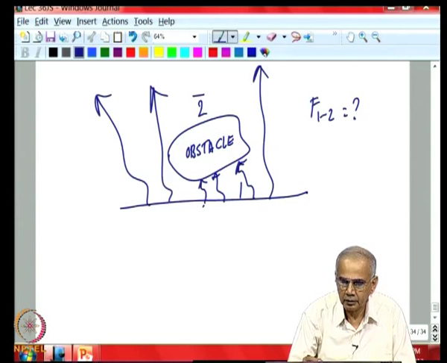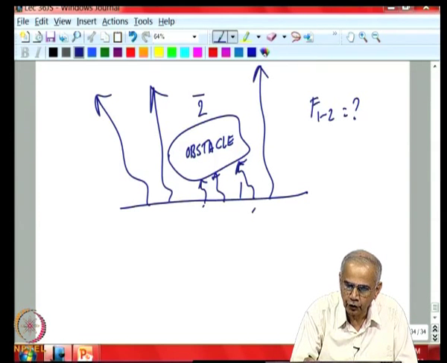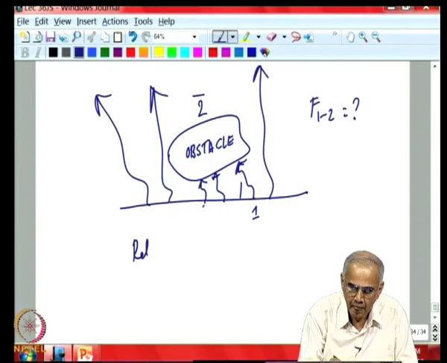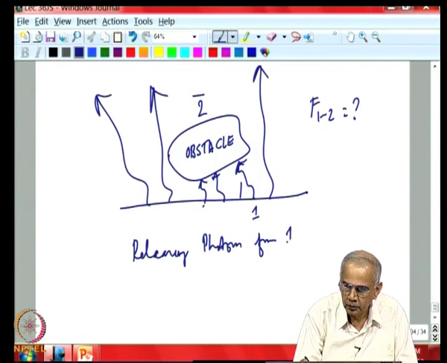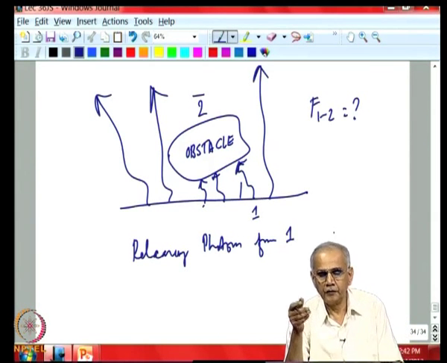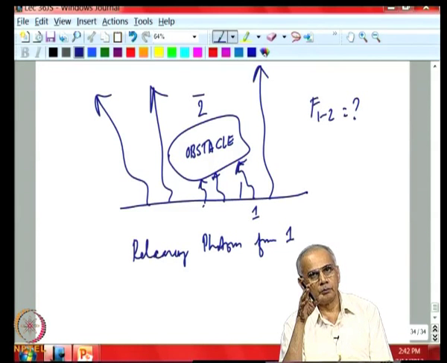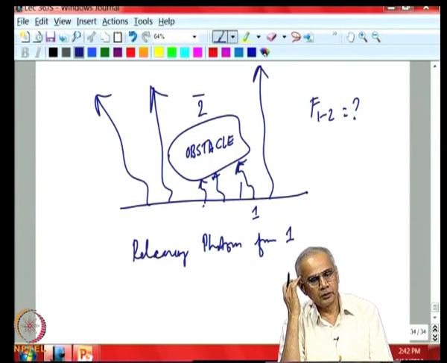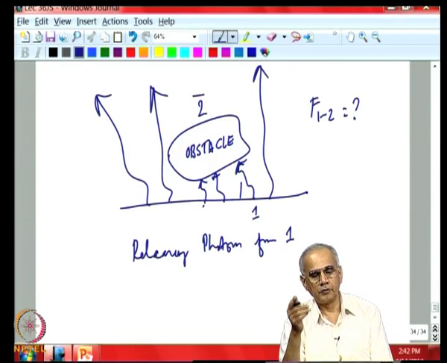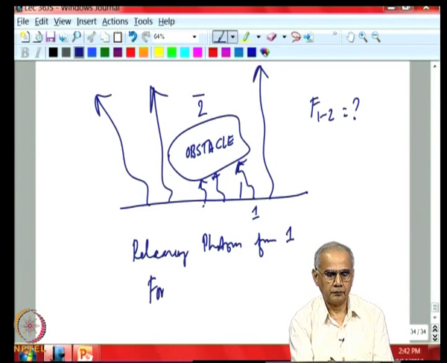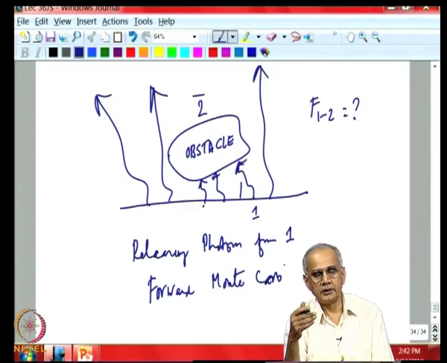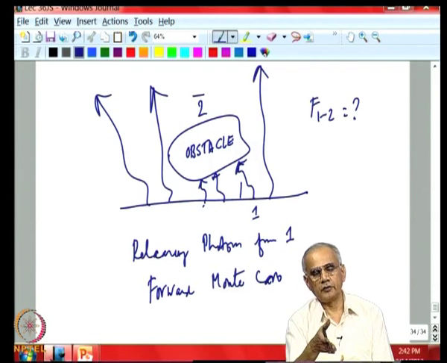So, releasing photons from 1 will be a very inefficient method, because most of the photons are not going to reach 2. This method is called the forward Monte Carlo, which involves releasing a photon and seeing where it goes, and it is not the best way to do it.